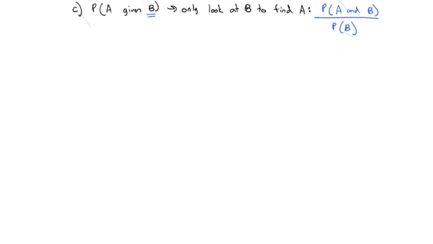The first context is going to be with just simply rolling a die. Let's look at some examples. Let's say we roll a die numbered 1 through 6, a standard 6-sided die.